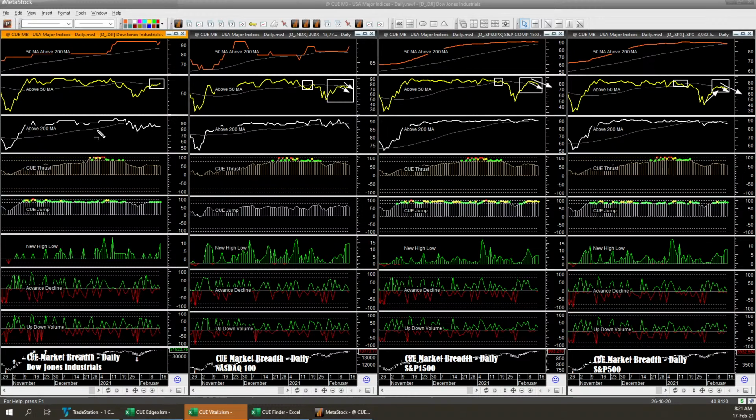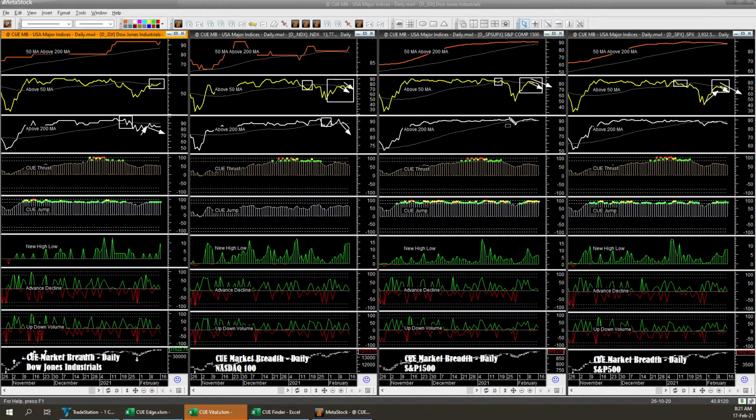If we look at the third percentage MA plot, percentage of stocks above 200 MA for Dow Jones rolled over, could not go to the average line, rolled over again. Nasdaq rolled over, now came down further.